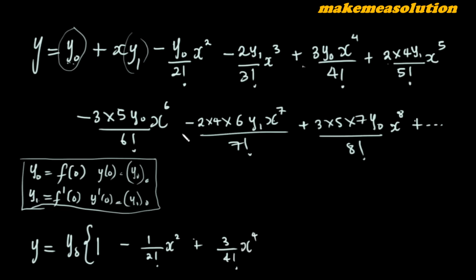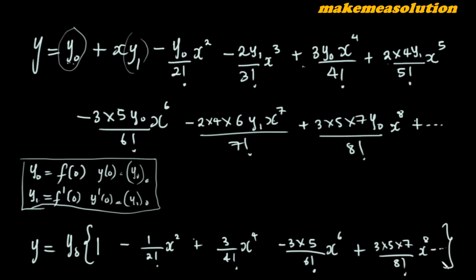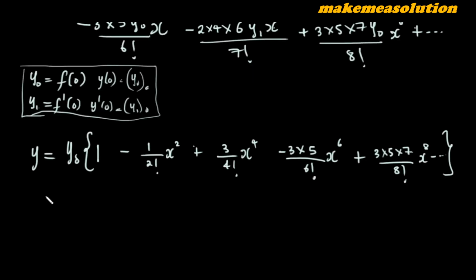Then minus 3 times 5 over 6 factorial x6, then plus 3 times 5 times 7 over 8 factorial x to the 8, then minus dot dot dot, whatever the pattern continuing. So this is all the terms in y0, then plus we're going to collect all the terms in y1.